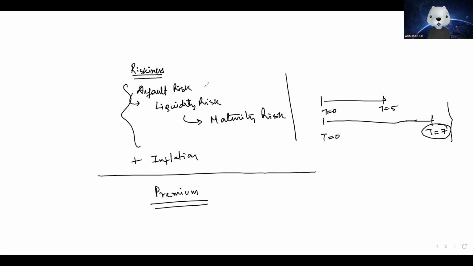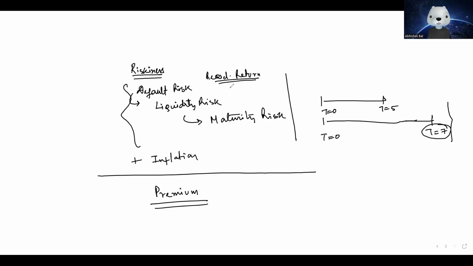So if the default risk is high, the required rate of return, and for all practical purposes I'm going to term the required rate of return and the interest rate one and the same thing and use them interchangeably.